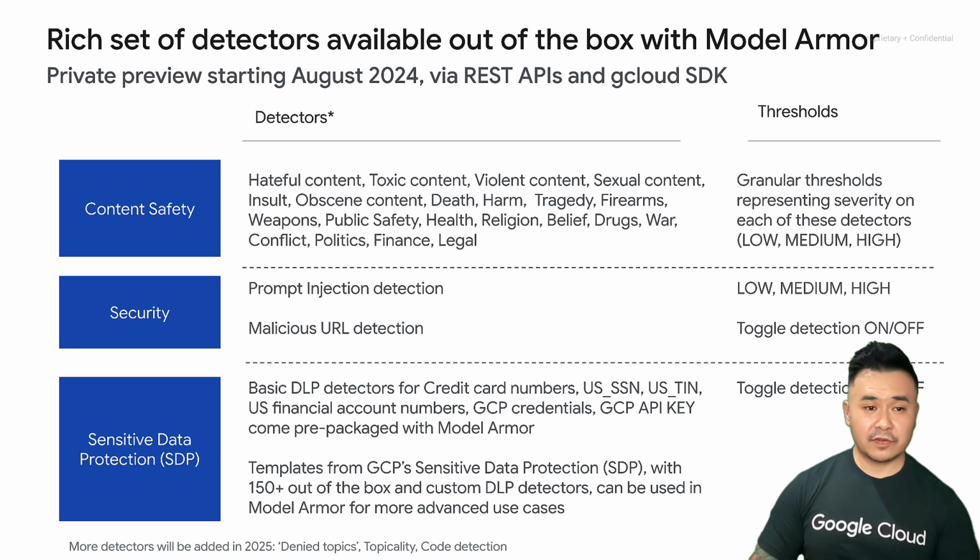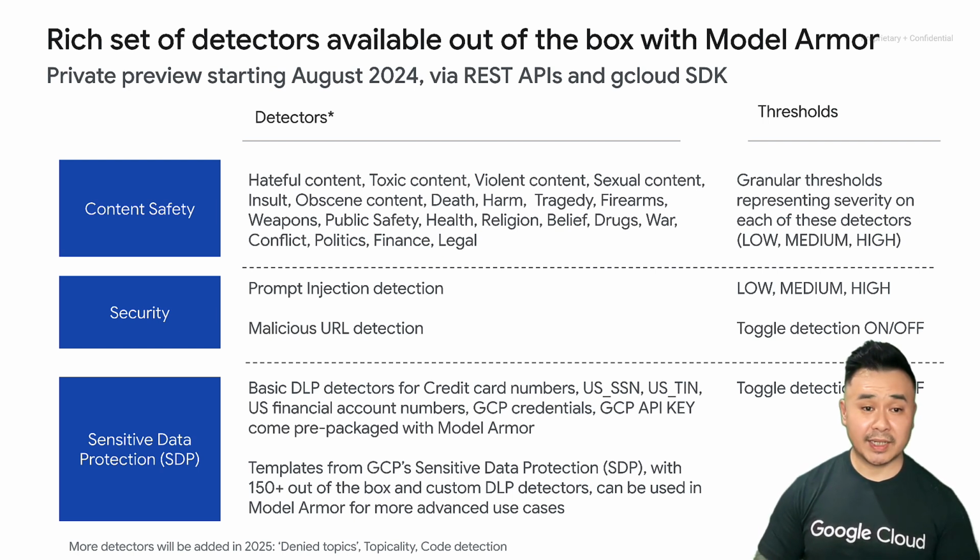We kicked off the private preview of Model Armor around August 2024. As part of the private preview, we have already made 3 categories of capabilities available. The first one is content safety. It's very similar to the NL API category checking. Here's the list of categories Model Armor can detect out of the box.